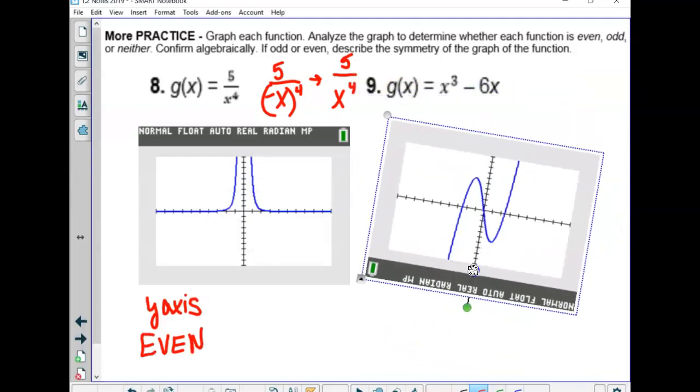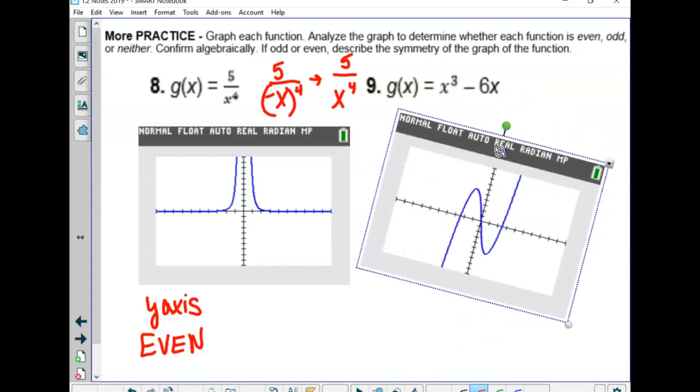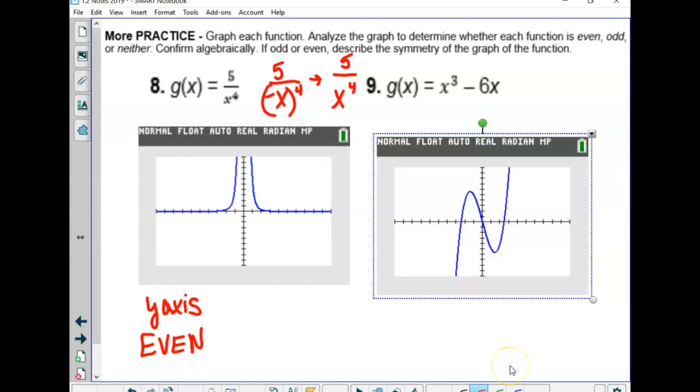It does look like a function. Does it look the same if you flip it over? Same exact shape, right? So origin symmetry makes it an odd function as long as, what do we have to replace on this one?